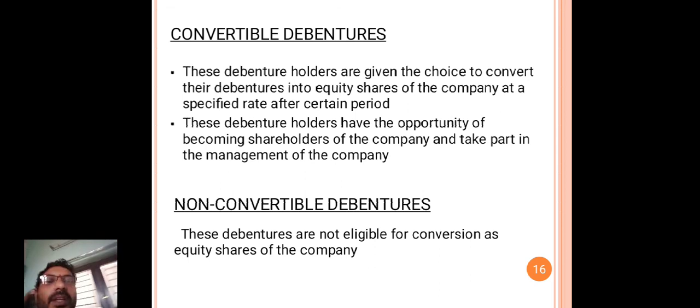So here in the case of convertible debentures, these debentures can be converted into shares, equity shares of the company at a specified rate after a certain period.